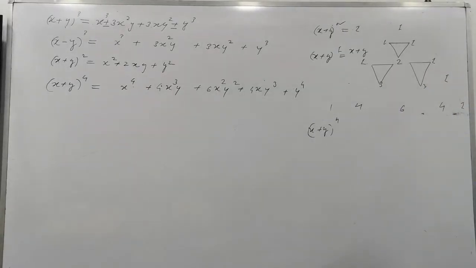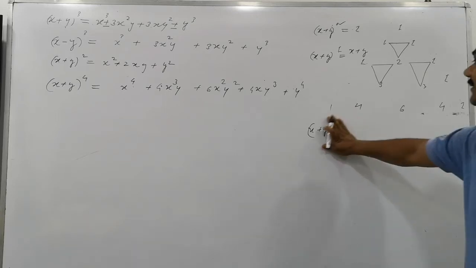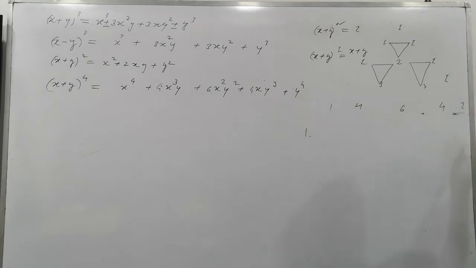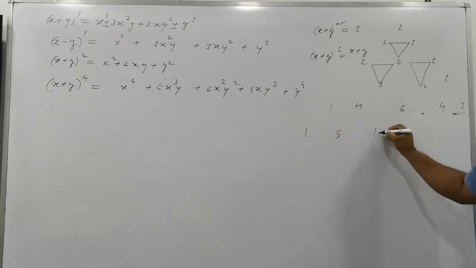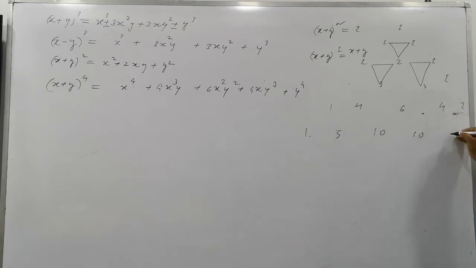Can you make the identity for x plus y whole to the power 5? How many terms will be there? 6. Here 1 and here also 1, then 5, 10, 10, 5, 1.